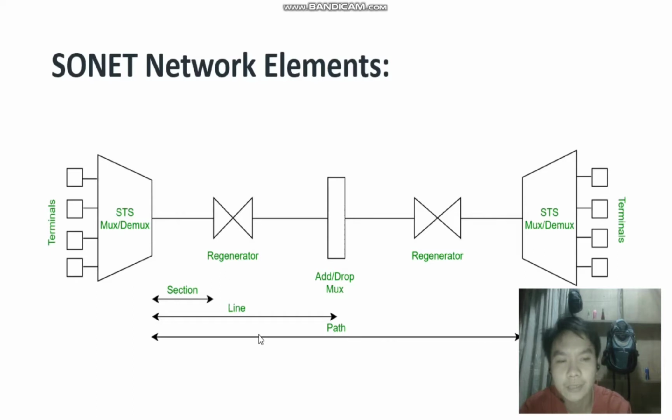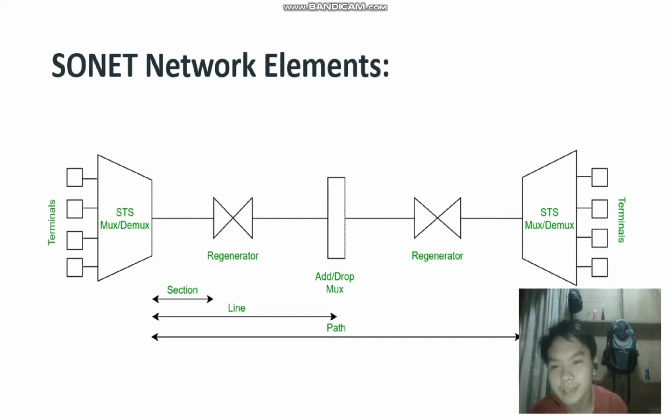So what is the section? The section is used to connect two neighboring devices. Then after the section, it is the line. The line connects the two multiplexers, and the path represents the end-to-end part of our network.